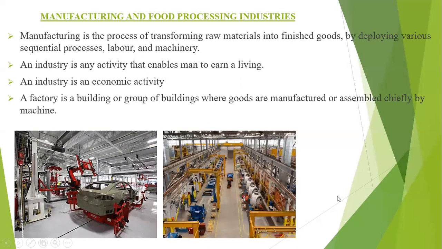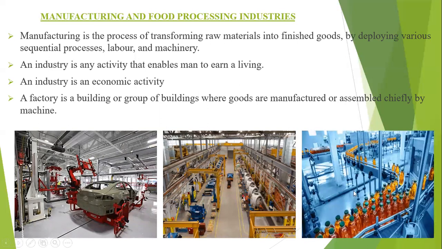Here you have an industry where there is processing. You also have a processing industry here. As you're able to see, these are drinks which have been processed. So this is how these manufacturing industries look like.